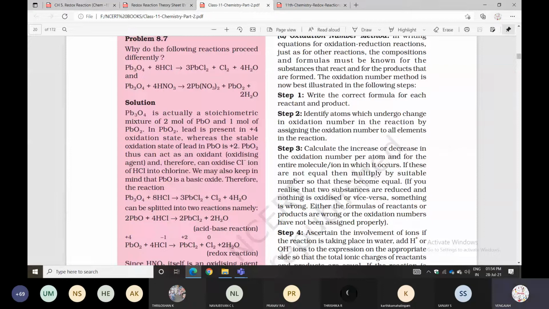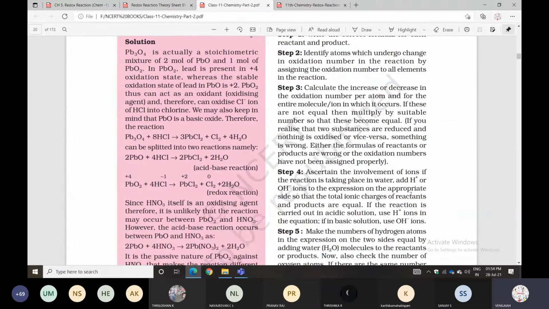Either the formulas of reactants or products are wrong, or otherwise the oxidation numbers have not been assigned properly. So while writing chemical formulas you can check whether they are written right or wrong, and even while calculating oxidation numbers you can check. Never possible for both to be reducing agents or both oxidizing agents. One must be oxidized, another one reduced.